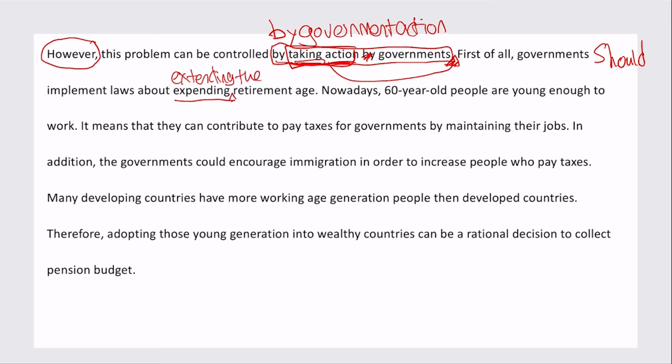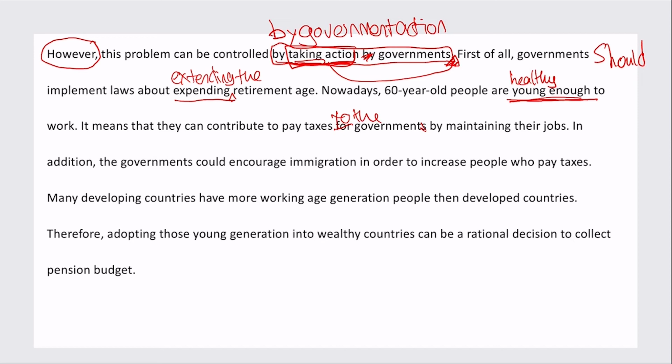"Nowadays, 60-year-old people are young enough to work." Maybe it would be better to phrase it something like "healthy enough" or "energetic enough to work." "It means that they can contribute to pay taxes to the government by maintaining their jobs."